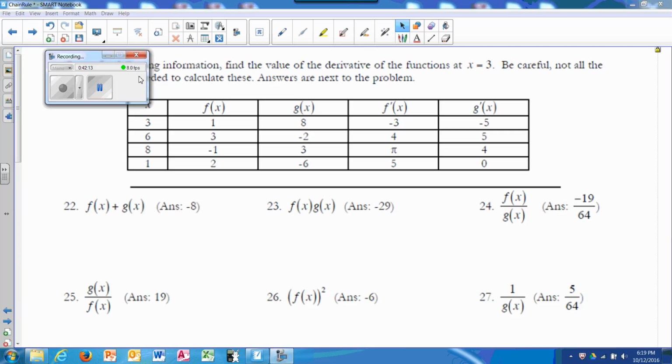I'm telling you what the correct answer is. So you're going to know right away if you got the question right or wrong. You can double check your work to see if you missed something small, maybe it was arithmetic, or if you missed something bigger and you need to look at the answer key that I've posted to see if you understand the material, not that you just messed up something small. Okay, so the last 2 pages are for you to finish and check on the answer key.